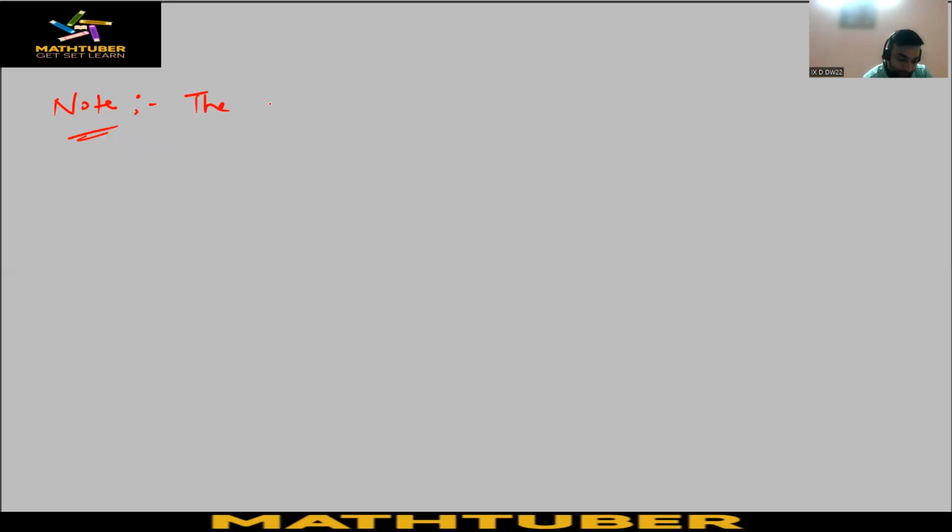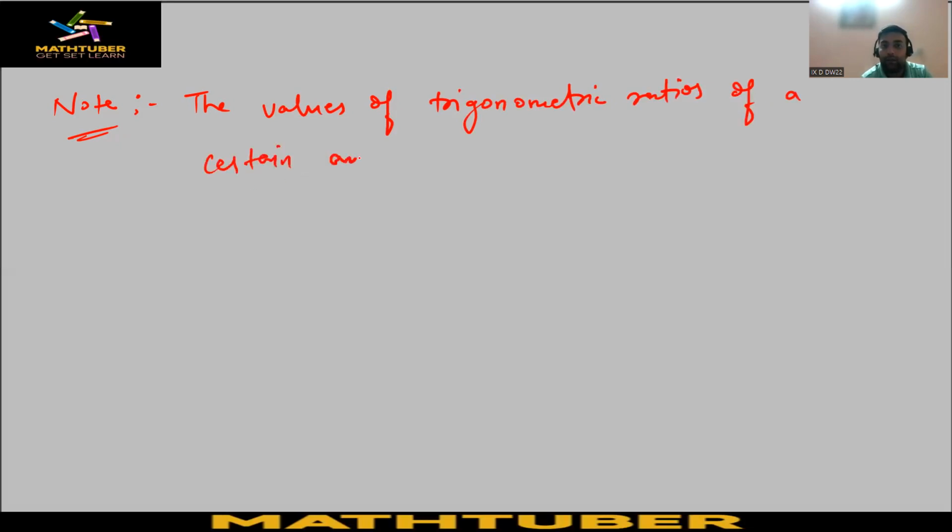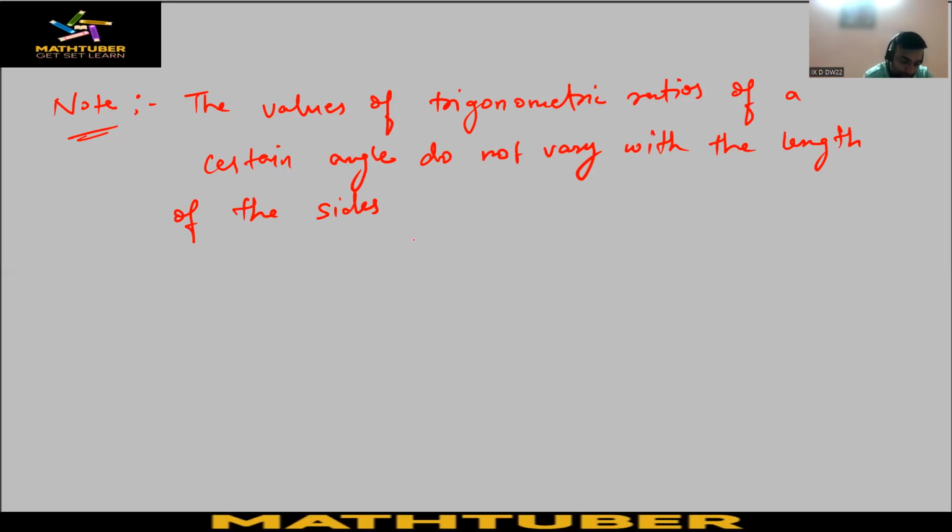The values of trigonometric ratios of a certain angle do not vary with the length of the sides if the angle remains the same.